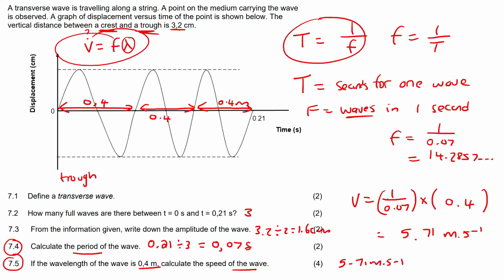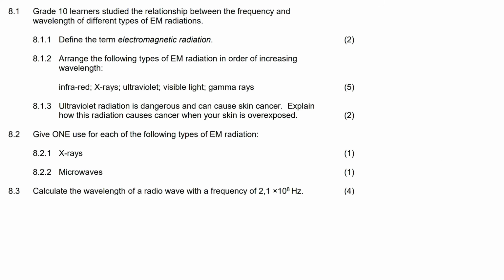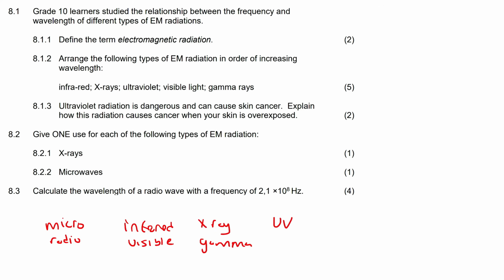5.71 meters per second. Grade 10 learners study the relationship between frequency and wavelength for different types of EM. EM stands for electromagnetic, and there are 7 types that we look at in grade 10. Remember, they are things like microwaves, radio waves, infrared, visible, X-ray, gamma, and then UV. And remember, the formulas that we use in this chapter would be E equals hf.